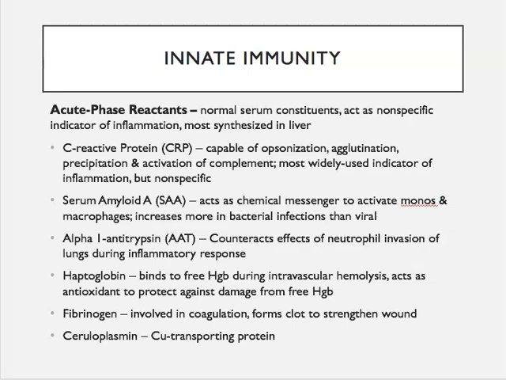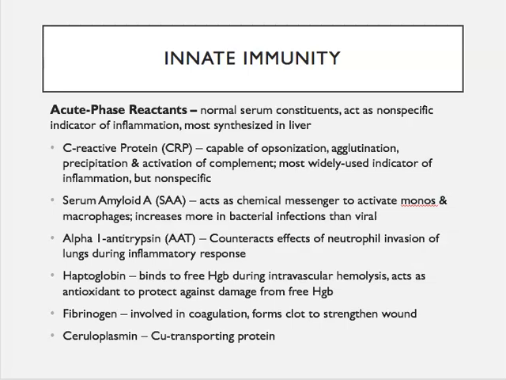Fibrinogen is an acute phase reactant involved in the coagulation pathway. So maybe you guys did talk about that last semester. It forms a clot that increases the strength of a wound, and it stimulates endothelial cell adhesion and proliferation, which is critical to the healing process.